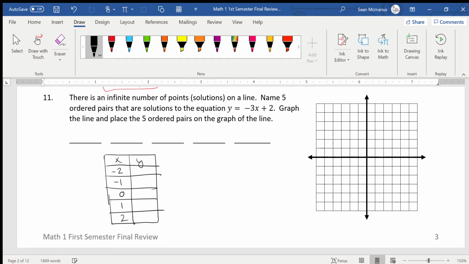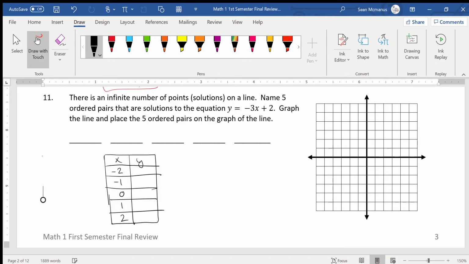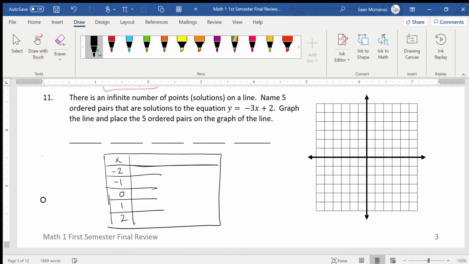I'm actually going to make this table a little bit wider, so we can show our work so you can see what's happening here. So we have our equation, right? f of x or y equals negative 3x plus 2.